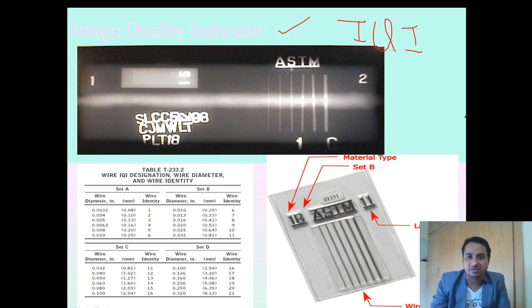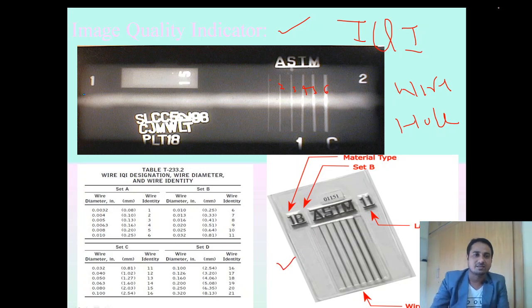It may be of two types: either wire type or hole type. We can see from Section 5. This is the wire type, number of wires 1 2 3 4 5 6. So there are 6 wires, and this is the basic arrangement of that.